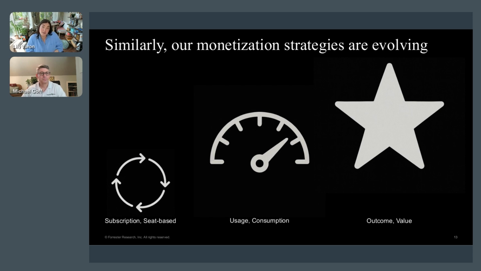But as we move into more agentic AI scenarios, we're starting to hear a lot more about outcomes. And outcomes is not a new concept either, right? The services industry has been experimenting with this for ages, like the consultancies and the big GSIs.